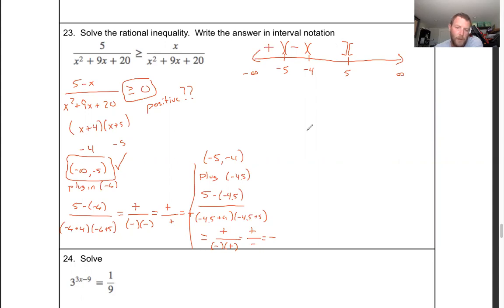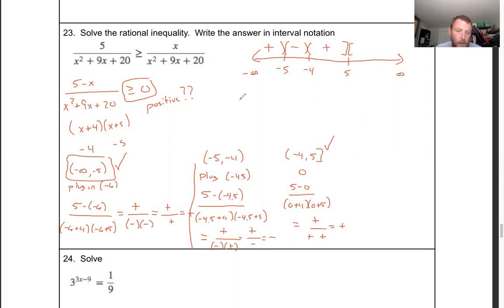Two more. So from negative 4 to 5, make sure that's a bracket. I'm going to plug in 0. So 5 minus 0, 0 plus 4, 0 plus 5. Positive, positive, positive, positive. So that one checks out.